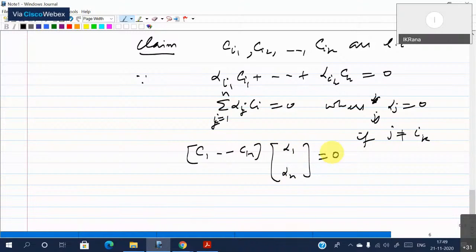So this is the realization you should have. Saying a linear combination of the columns is equal to 0 is the same as taking the matrix with those columns and applying it to alpha 1 to alpha n equal to 0.